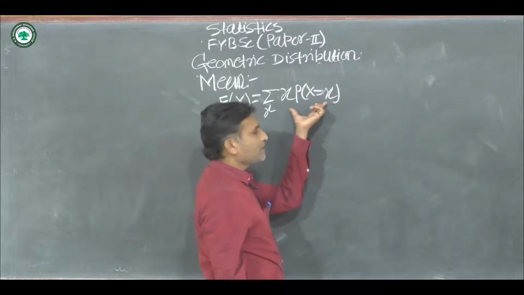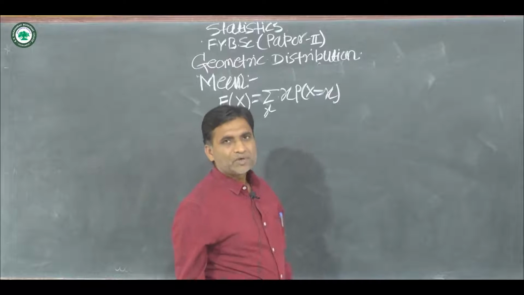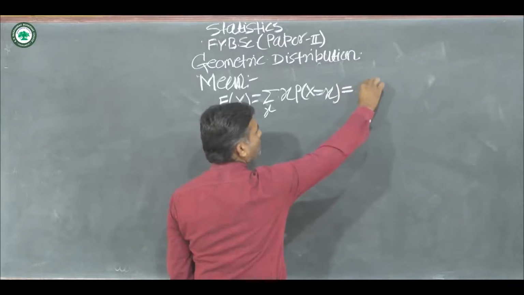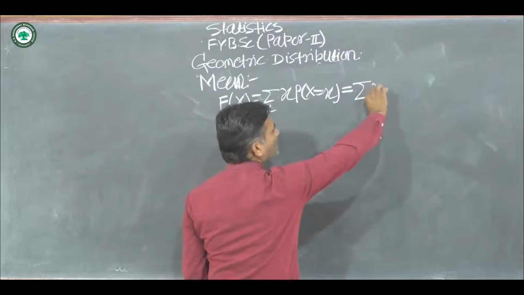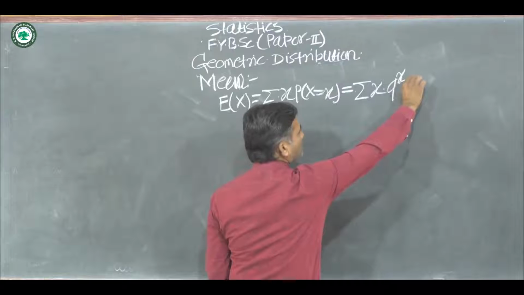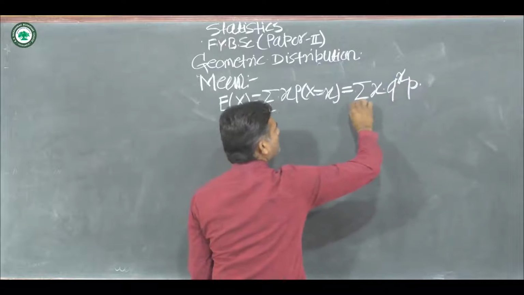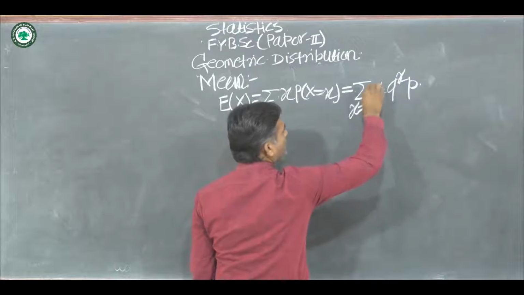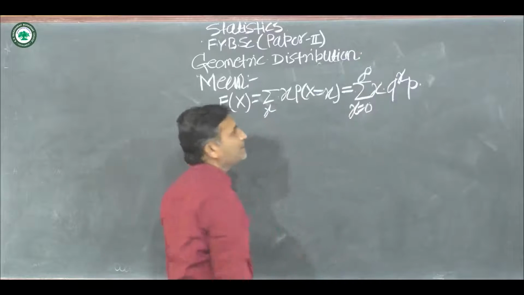Now substitute the probability mass function of geometric distribution, which gives summation of x into q raised to x into p, summation over x running from 0 to infinity.